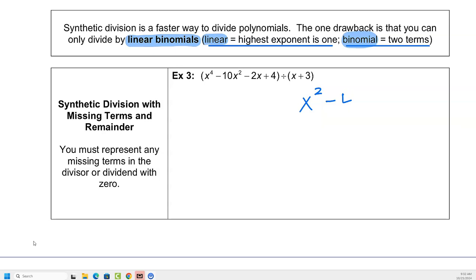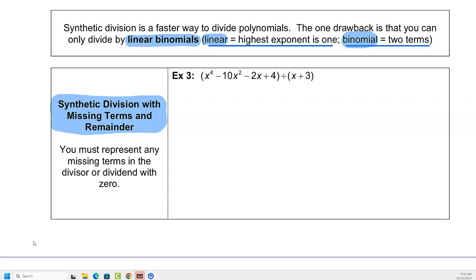Okay, let's go back. Let's continue progressing here. So we need to do synthetic division with missing terms and a remainder, don't we? And since we did remainder yesterday, I feel like we can do both in one problem. So let's go through this.